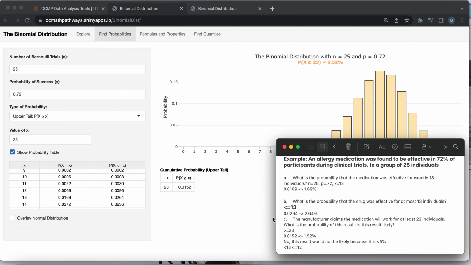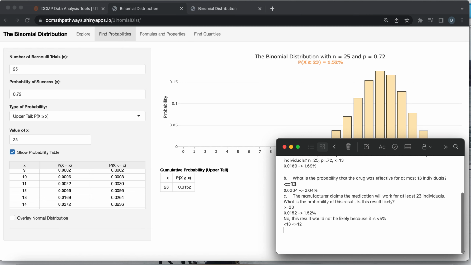So just remember that when it doesn't have that equal sign, just go down to the next number. Same thing with greater than. Greater than 14 would mean it's greater than or equal to 15. So less than, go down one, greater than, go up one, and that should give you the correct answers for those.